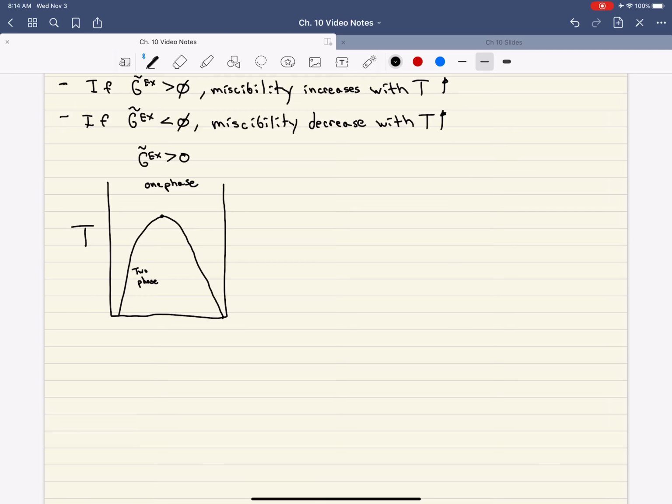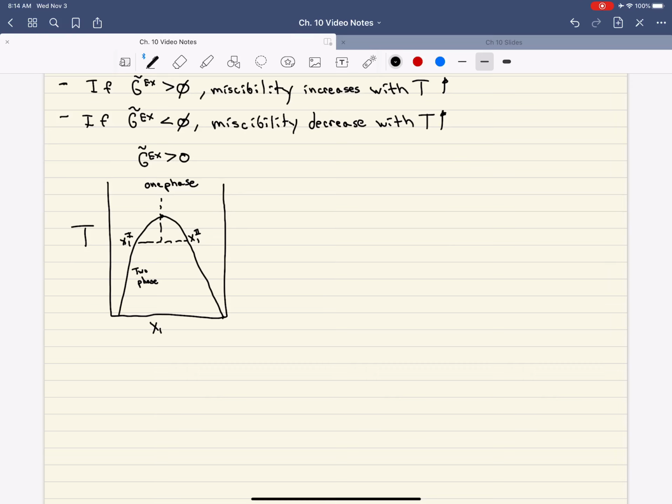As we cool down, let's say we were at some original mole fraction, as we get into this two-phase window, the mixture will then separate into two regions that have different mole fractions.